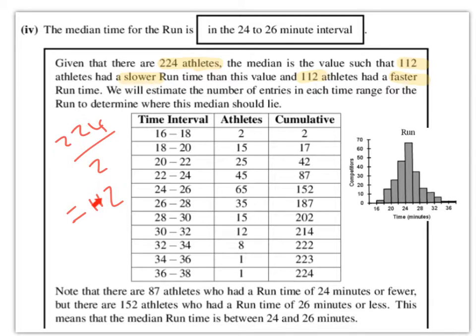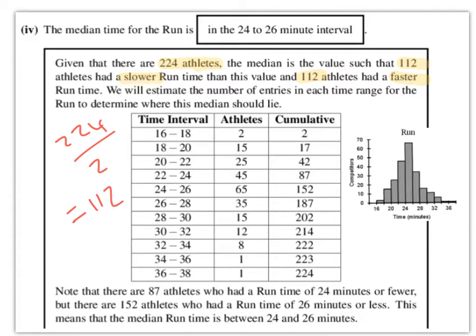So we will estimate the number of entries in each time range for the run to determine where this median should lie. So we came up with the time intervals, so they're definite from the x-axis, and then the number of athletes was estimated from using the bar chart.